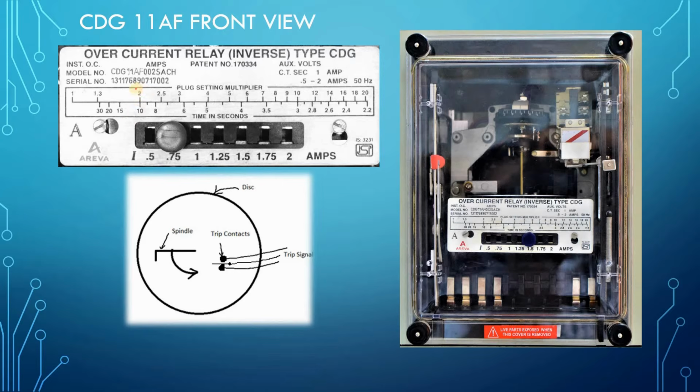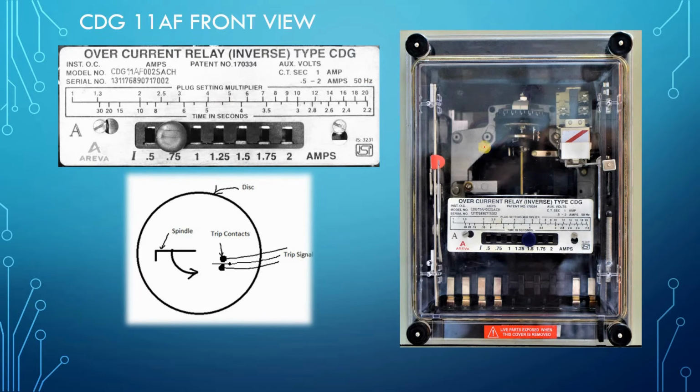That means if PSM is 2 and 10 is written, the operating time is 10 seconds on the trip plane. That means we can predict what will be the trip time for what current before operating the relay. This type of thing happens only in the case of an electromechanical relay directly.